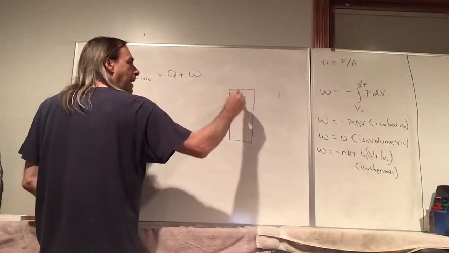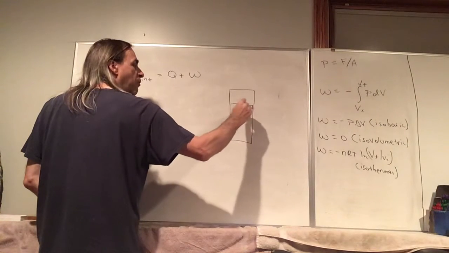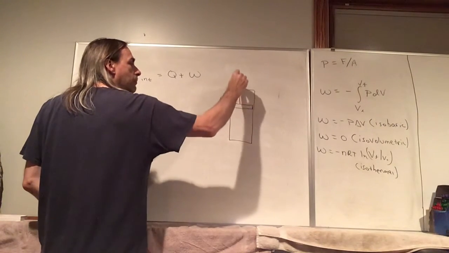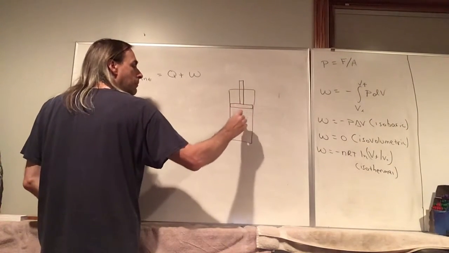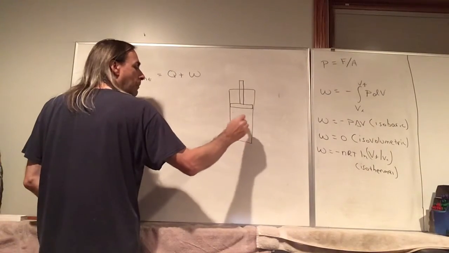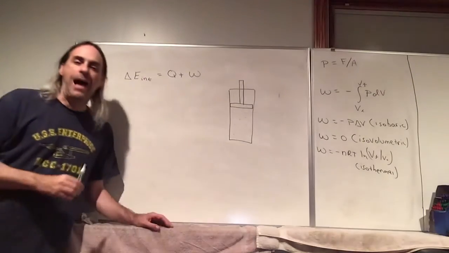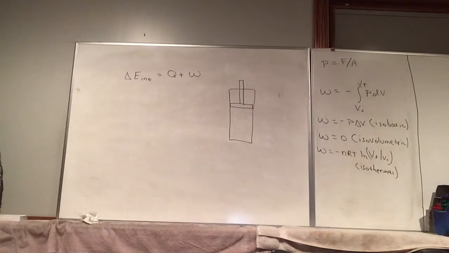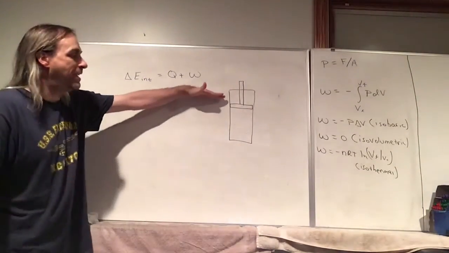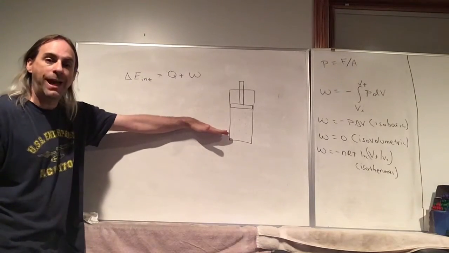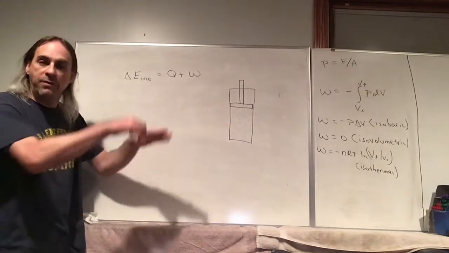say we have a gas with a movable piston. So W is the work done on the gas. If you push the piston down, you're doing work on the gas. Well, what's going to happen if you compress a gas?